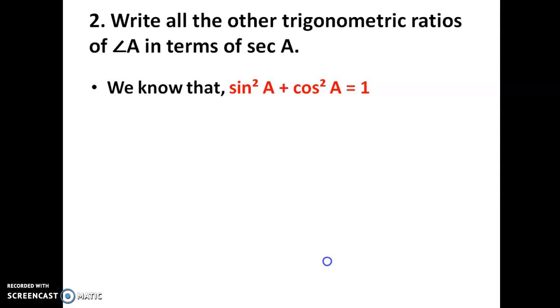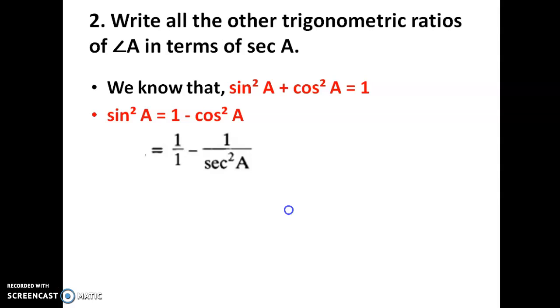First identity we are taking, that is sin square A plus cos square A equal to 1. In that we want sin A, so leave sin square A on one side of equal to, bring cos square A to the other side of equal to, so it will come with minus. Cos square A can be written as 1 by secant square A. So it is written like that.